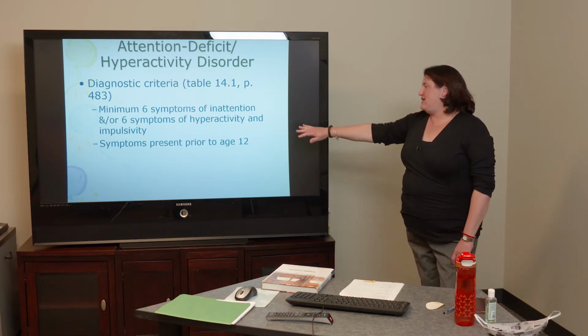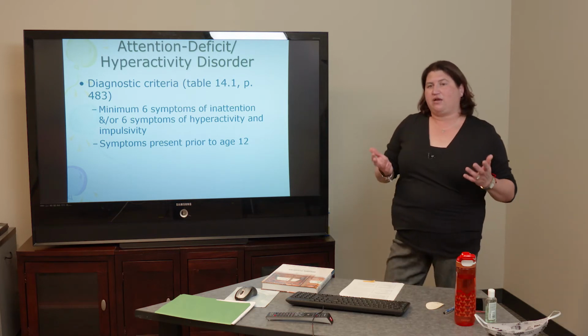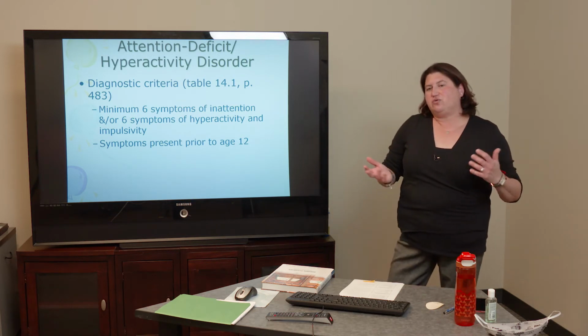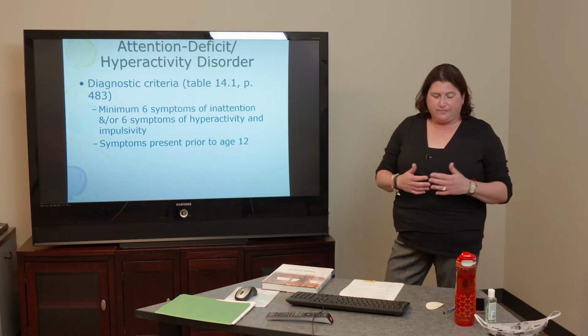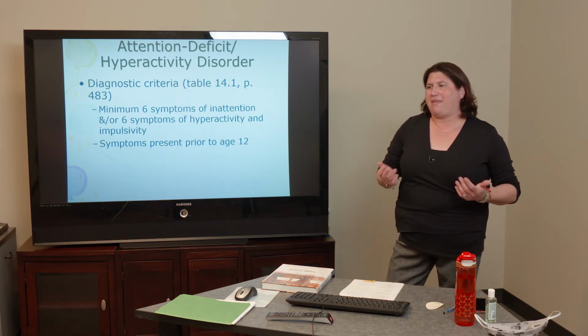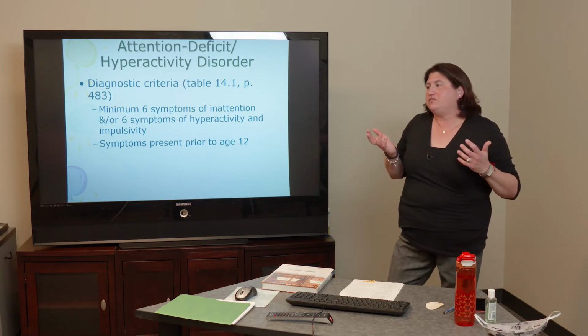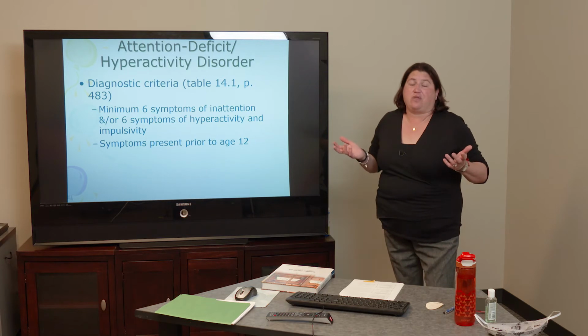The reason we say symptoms present prior to the age of 12 is because we recognize, again, different schools, different types of learning, different home life scenarios will potentially mask symptoms. So parents don't always know.